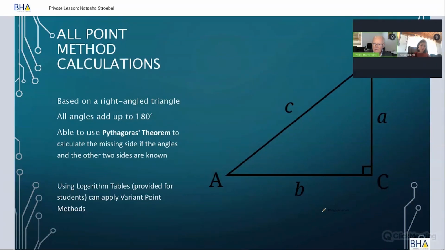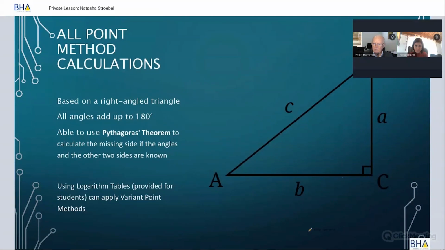So if we take this, that squared plus that squared will be equal to c squared. That's Pythagoras' theorem. And in this particular one, it's a right angle triangle. What is a right angle? How many degrees in a right angle? 90. So it's a right angle triangle that we're working with.